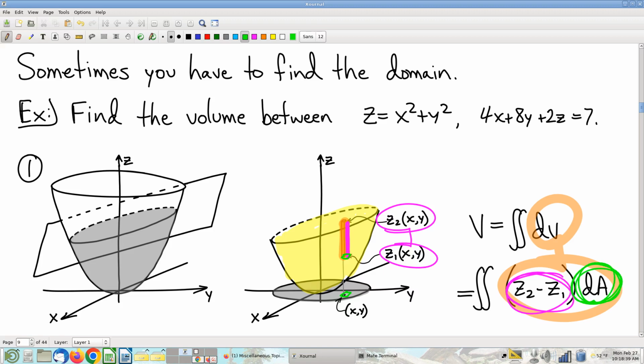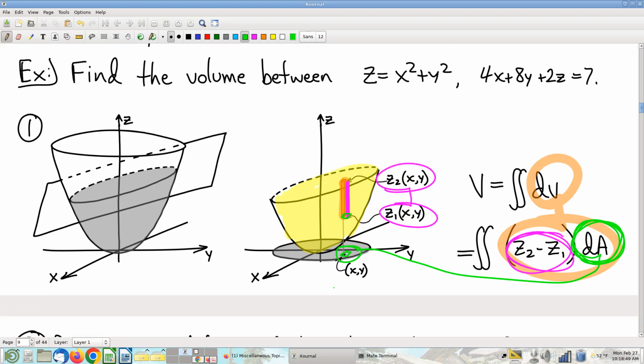It's the area of the corresponding piece of the domain that we've chopped up into little pieces that gave rise to the French fry in the first place. So that part's pretty straightforward.